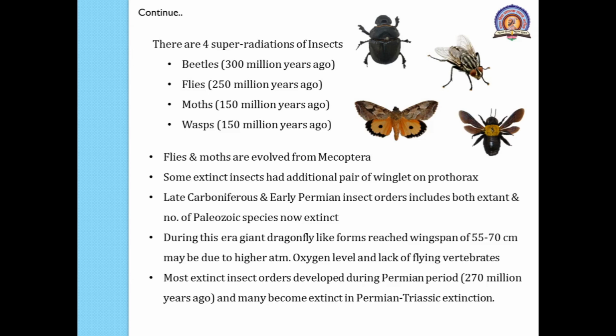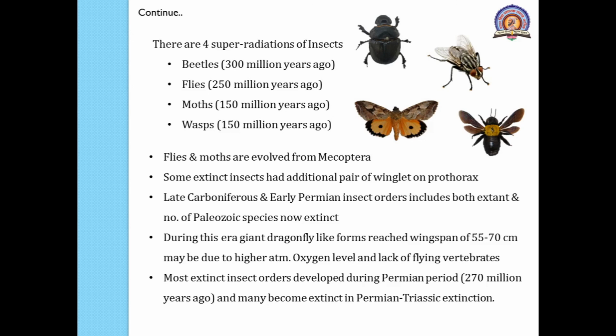During this era, some giant dragonfly-like forms reached a wingspan of about 55 to 70 centimeters, making them far larger than any living insect present on planet Earth nowadays. This gigantism may have been due to the higher atmospheric oxygen level, which allowed increased respiratory efficiency compared to today's insects.